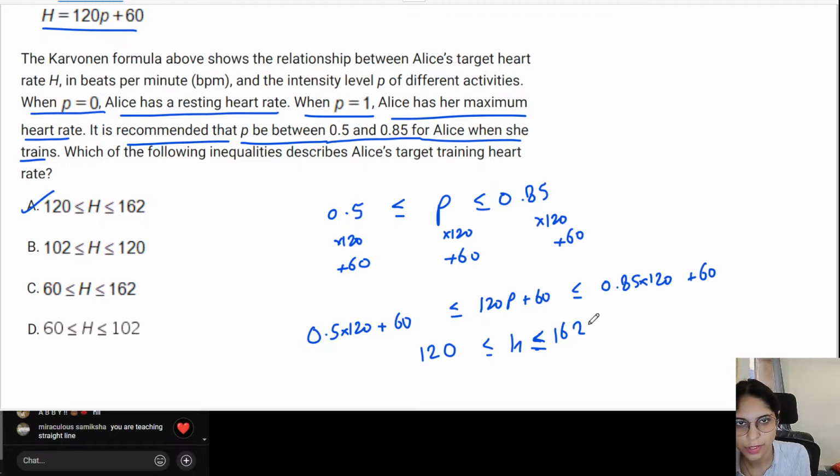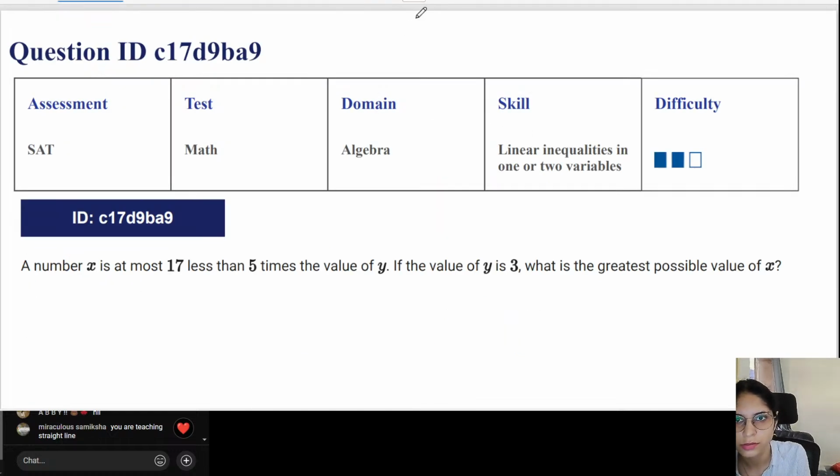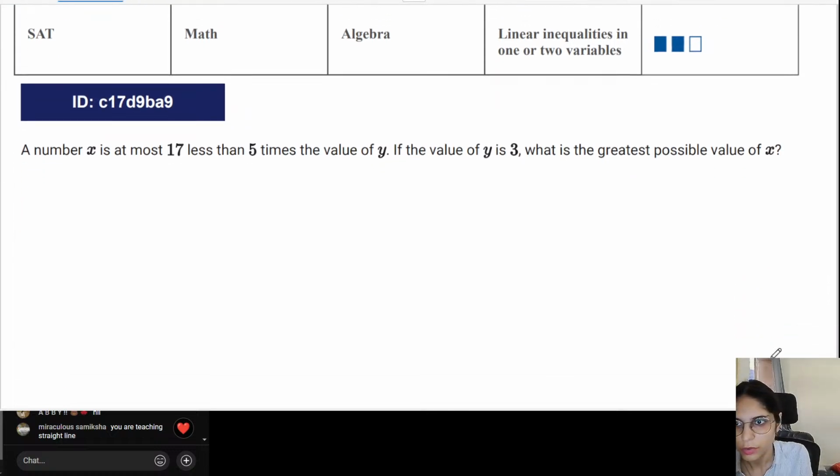Next one is question number 22. Okay, x is at most 17 less than 5 times the value of y. So x is at most means less than or equal to, 17 less than 5 times the value of y means 5y minus 17 because less than is reverse subtraction.